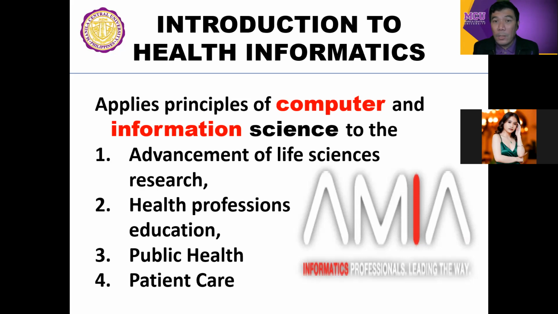And that becomes the use of the information science that can be accessed by other individuals and may be processed into their setup and may have implication on their policies, on the improvement of services, and on development of the manpower. So that comes in the combination of computer and information science on the advancement of life sciences and research.